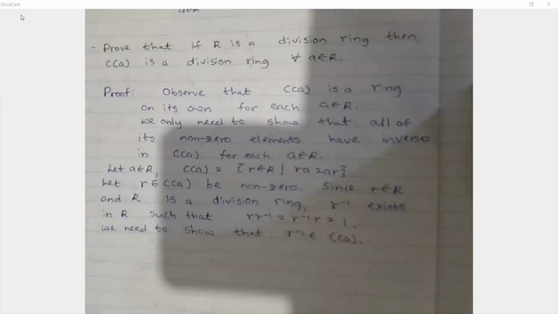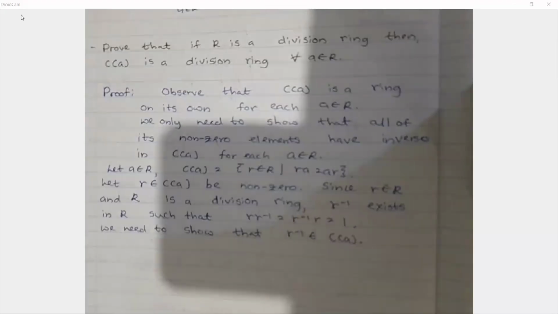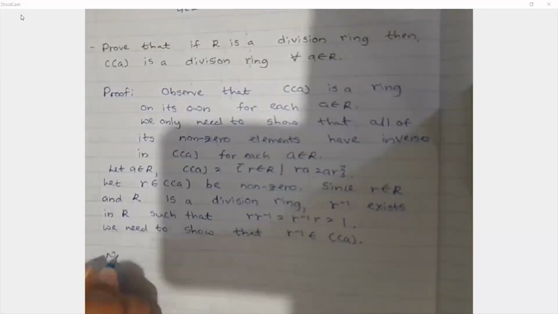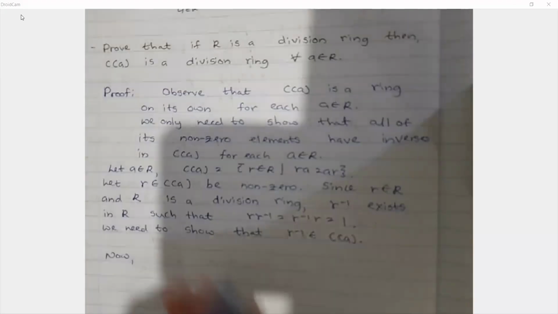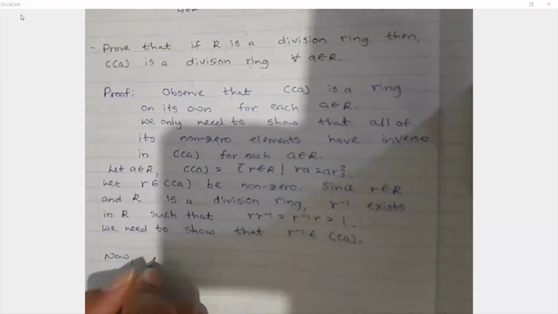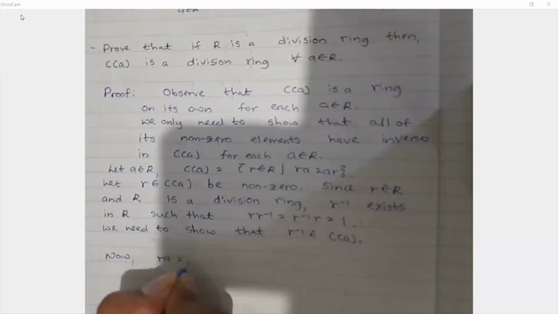If R inverse belongs in C of A, by definition of C of A, it must commute with A. So that is exactly what we are going to show. Now, we know that R is taken from C of A. Therefore, we have RA is equal to AR.